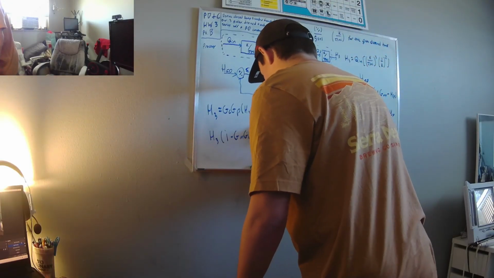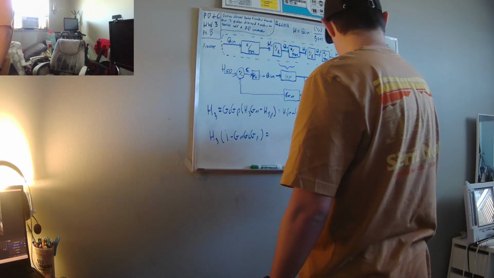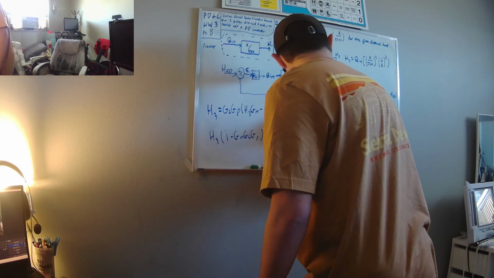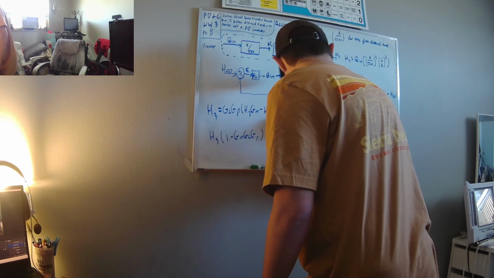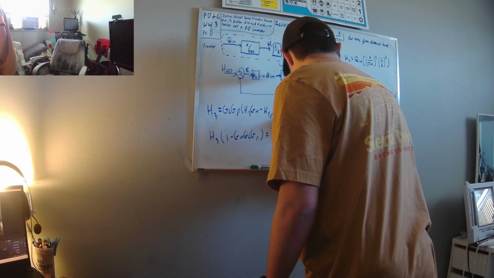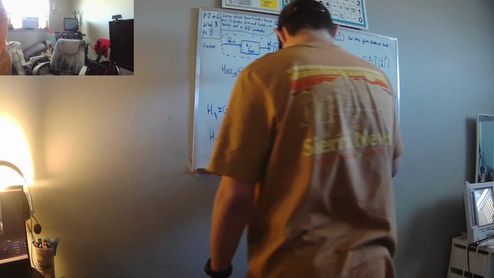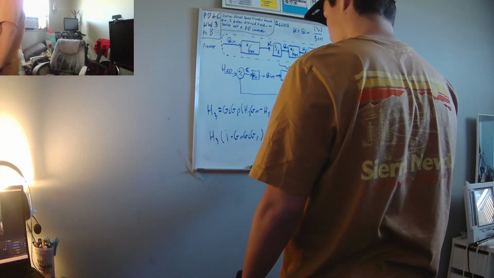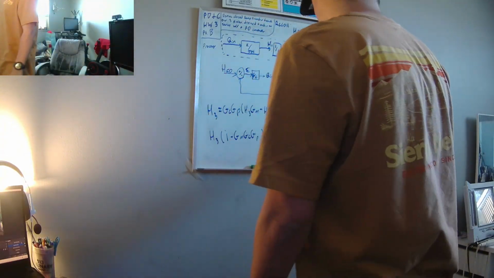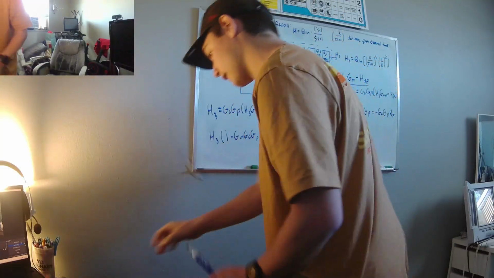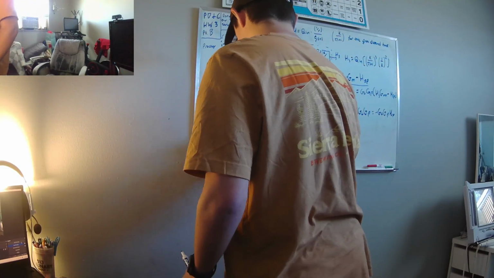It's going to equal minus GC GP HSP. Then, dividing this over, we can get that H3.